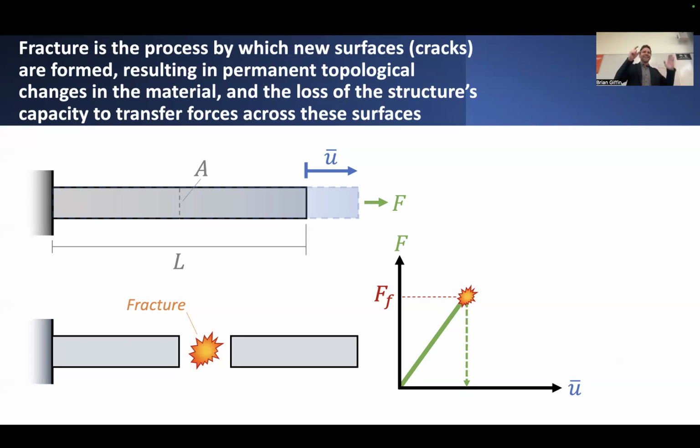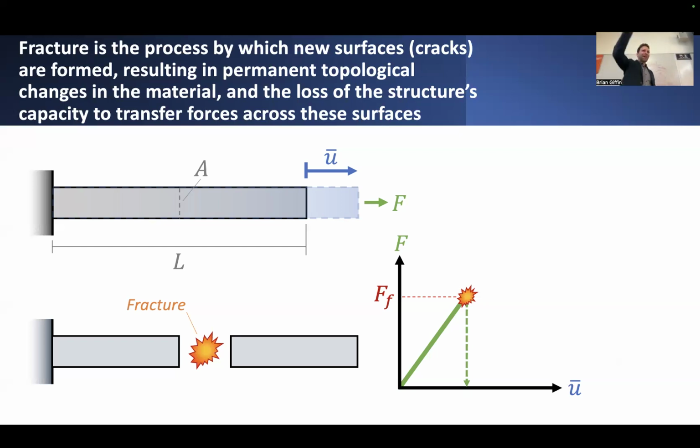As I continue to load the bar, the relationship initially looks like a linear correlation between the applied force and this imposed displacement, very much as we would expect in any simple linear elastic uniaxial tensile test.